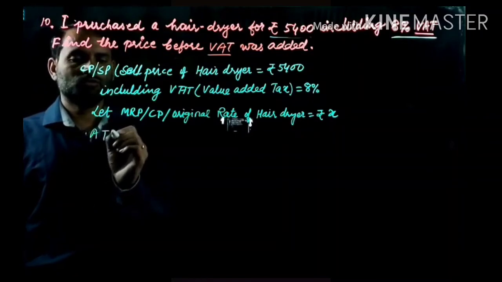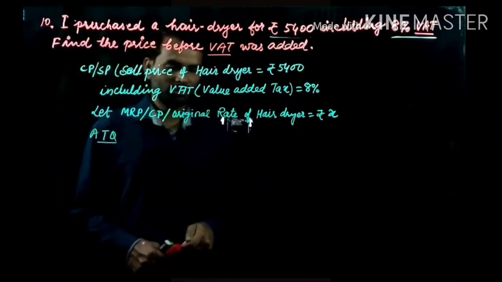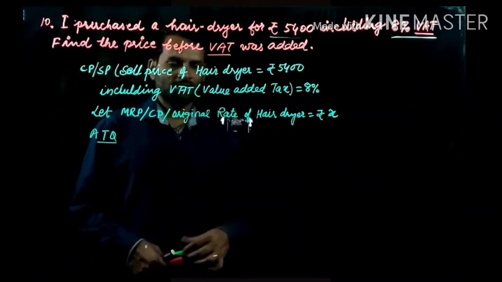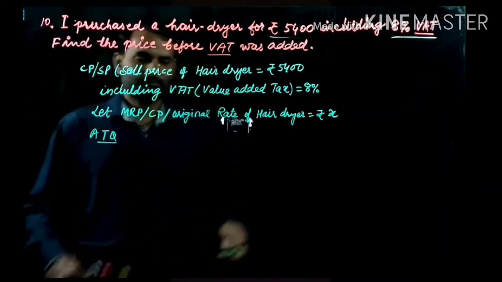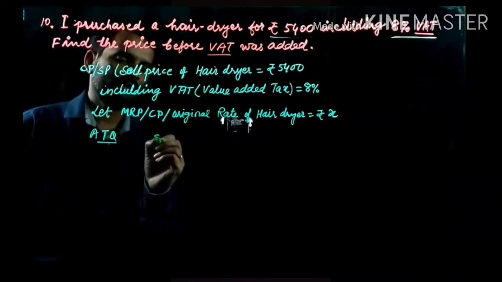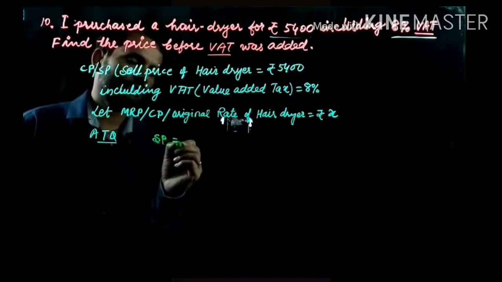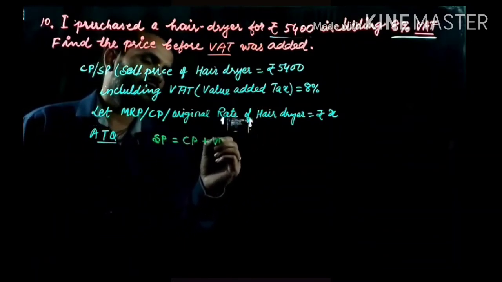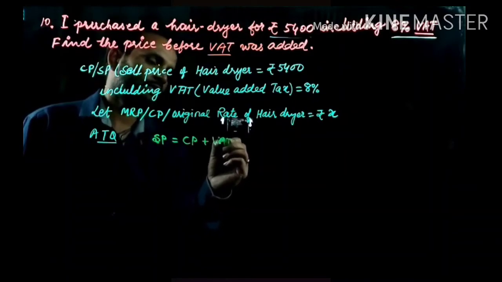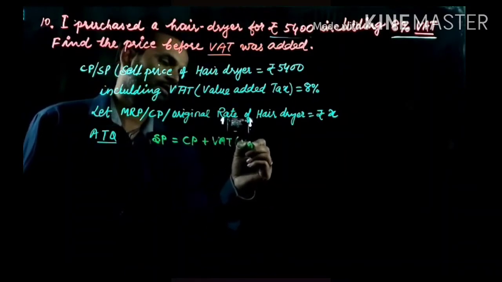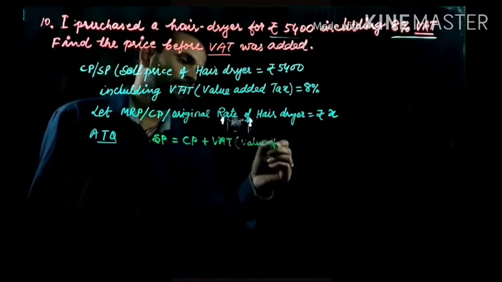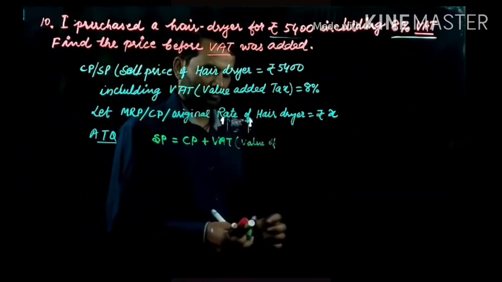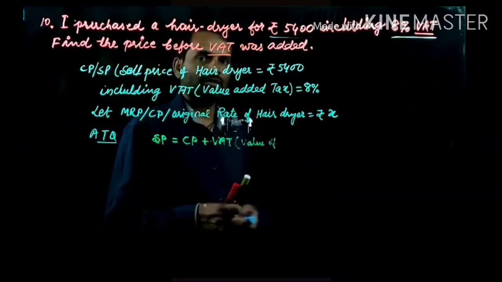According to the question, the sale price SP is equal to CP plus any tax, called VAT, value added tax.